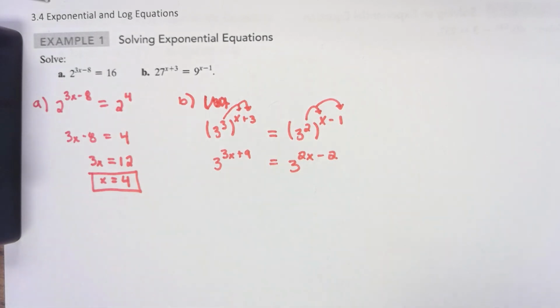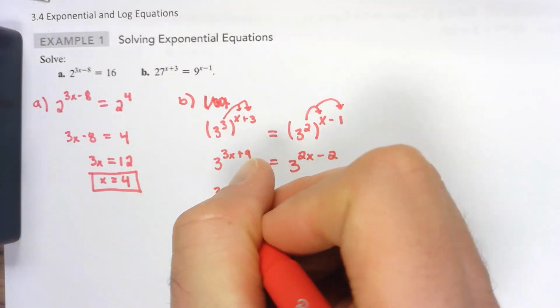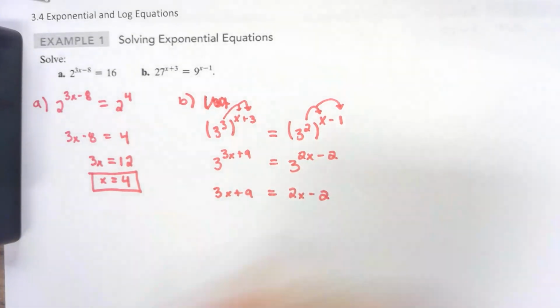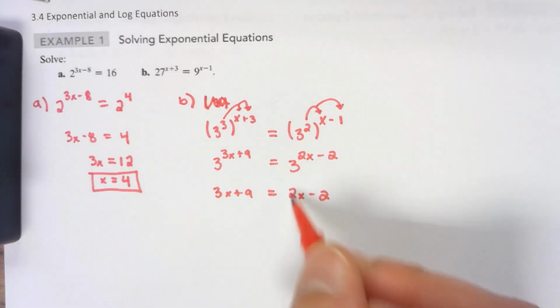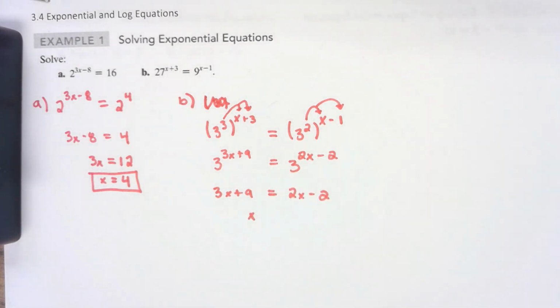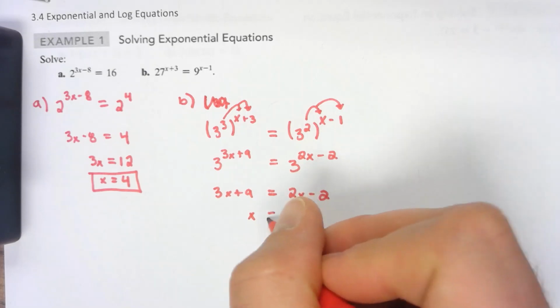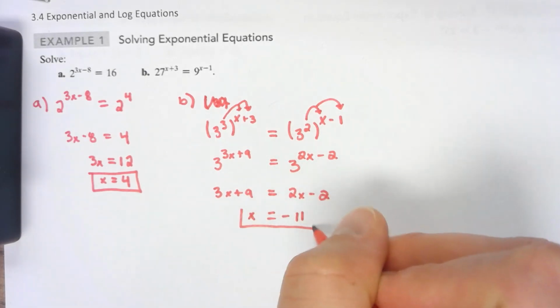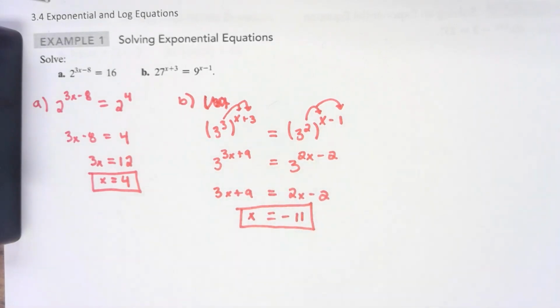Now I have the bases the same. I can now set the exponents equal to each other and solve from there. So I'm going to subtract 2x to make this just simply x, and then subtract 9, since negative 9 minus 2 is negative 11. Okay, so still fairly quick that way, and again, not having to use a log whatsoever.